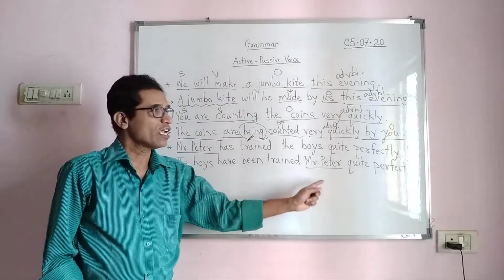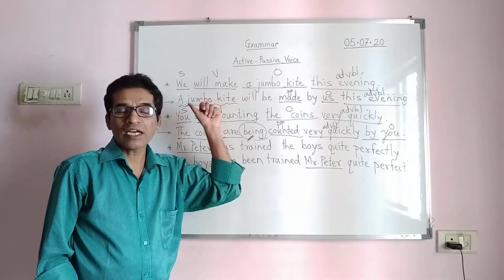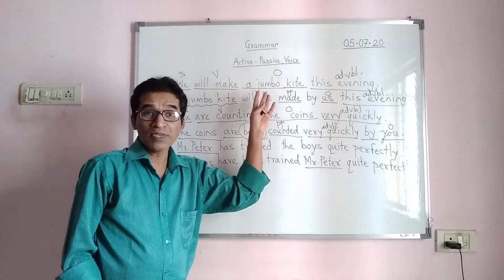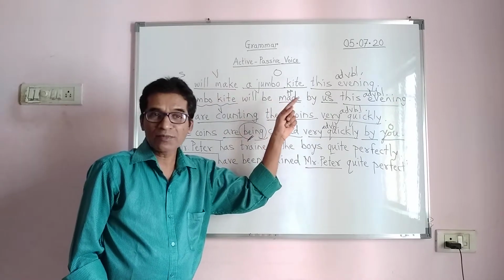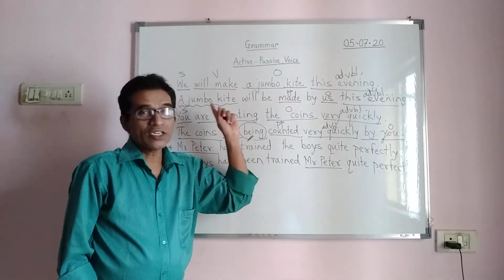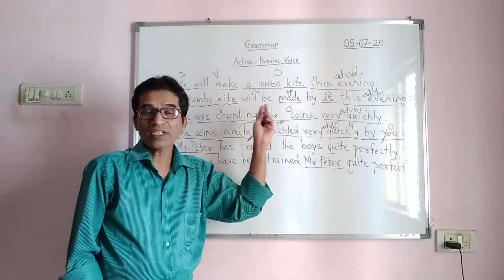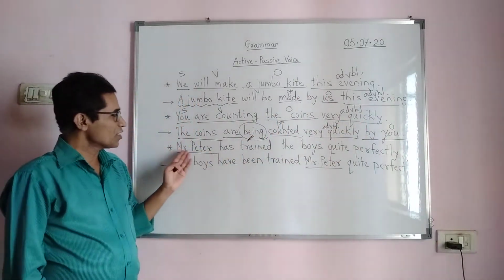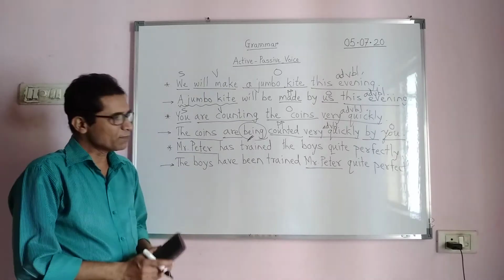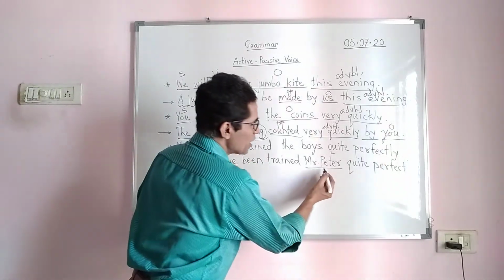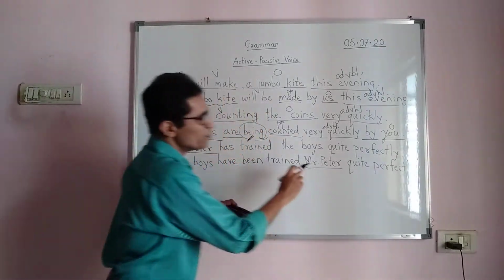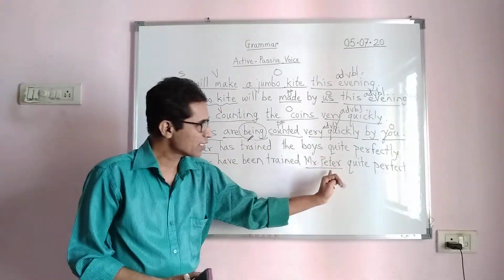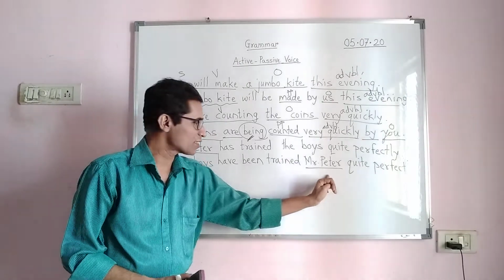There is no change. Like I becomes me, we becomes us, you becomes you, they becomes them, he becomes him, she becomes her. When the subject is a pronoun, it changes to objective form. But when the subject is noun itself, then in passive it becomes object, but there is no change. The same noun is kept in the object place.